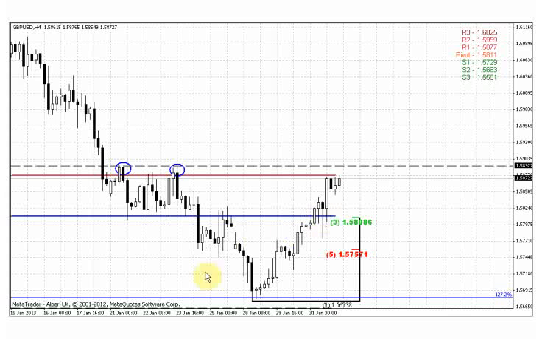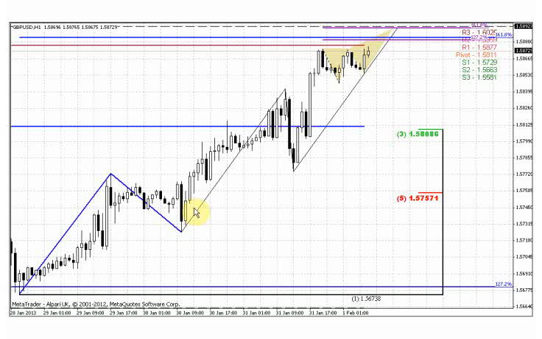On the hourly time frame, we see an interesting combination of different extensions and projections that points to the area between 138.80 and 138.90, a 10 pip spread where we could enter the short side of the market.